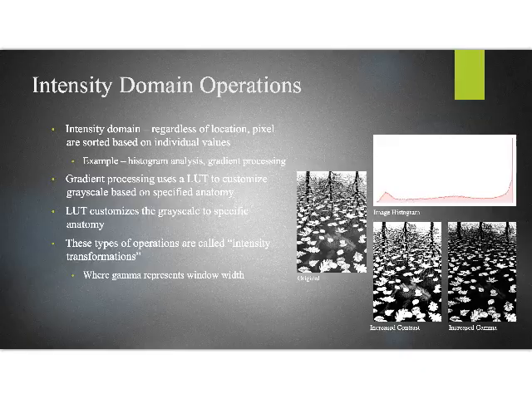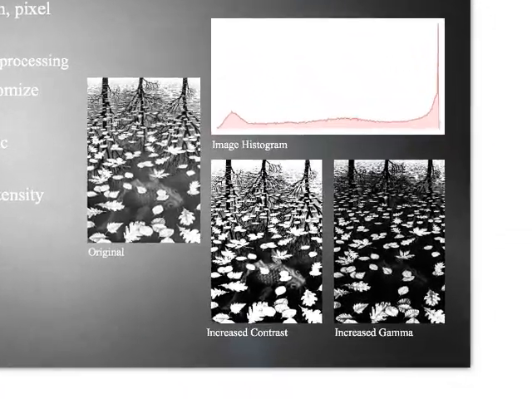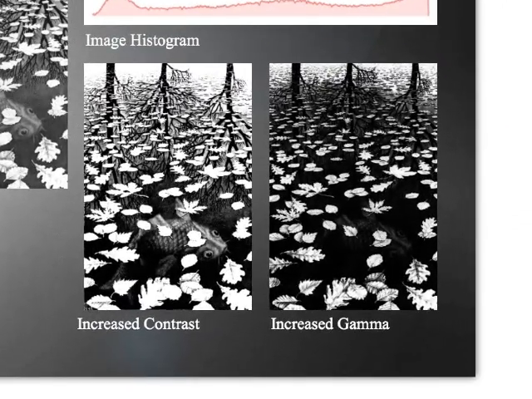So these gamma transformations, I want to zoom in because it is interesting to look at what's happening when we do a change in the contrast versus the change in the gamma. With the increased contrast, we've lost some of the fine detail of the leaves, like in this area right here. We can't see the veins on those leaves.